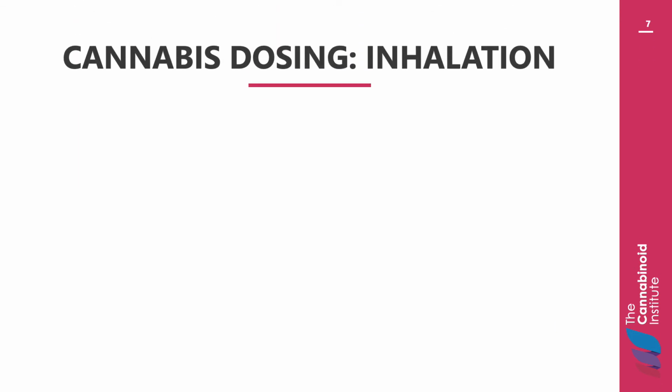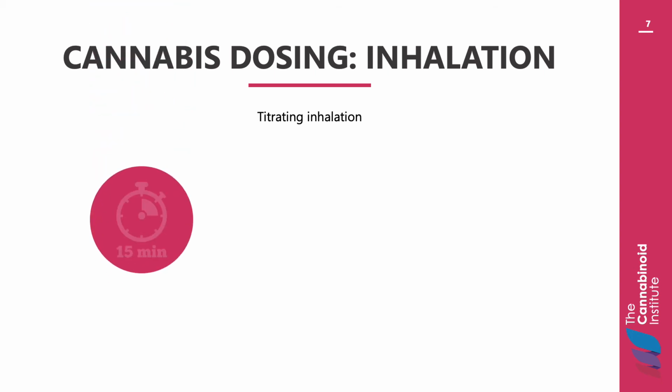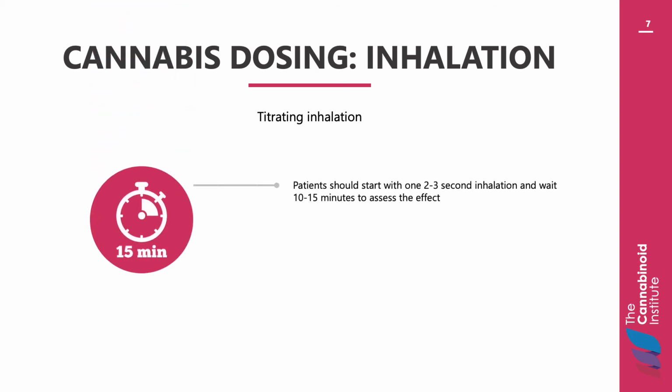When titrating cannabis dosing via inhalation, a slightly different methodology should be used because of the difference in dose and absorption based on how long and how hard each individual patient inhales the medication. Patients should begin with one 2 to 3 second inhalation, followed by a wait of about 10 to 15 minutes to assess the effect of that inhalation.